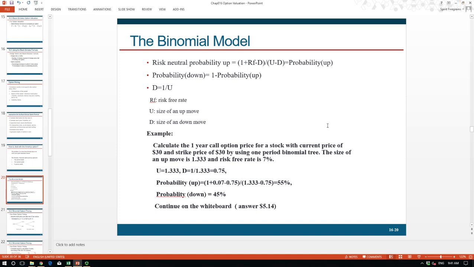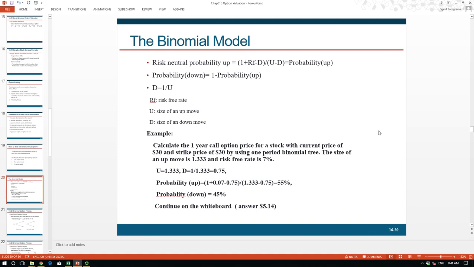So this is a very simple binomial tree method to calculate option price. Essentially speaking, option price is the present value of future expected payoff.